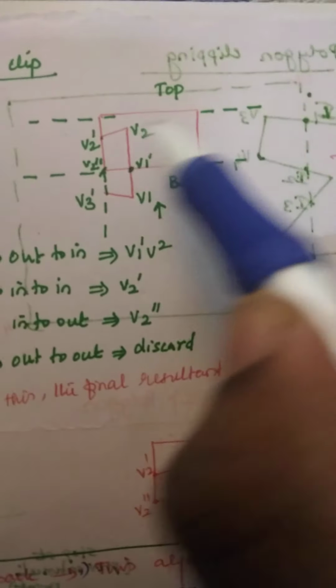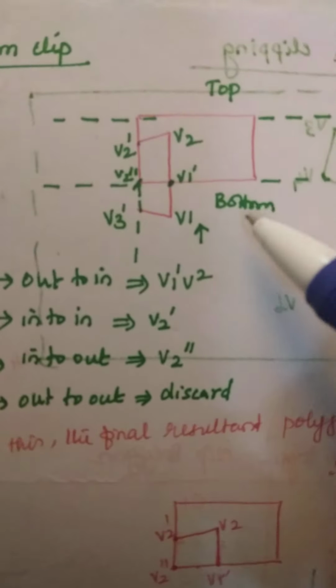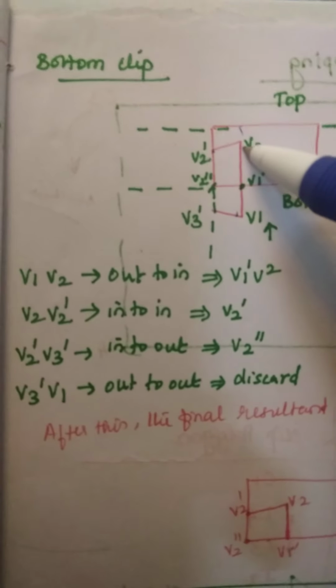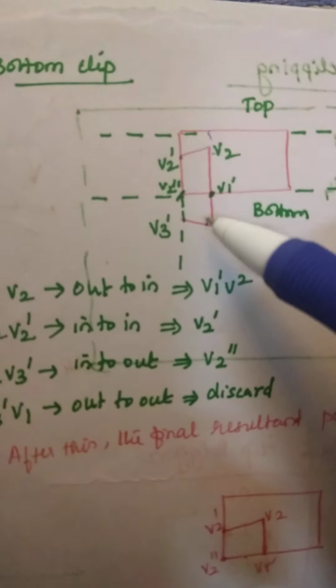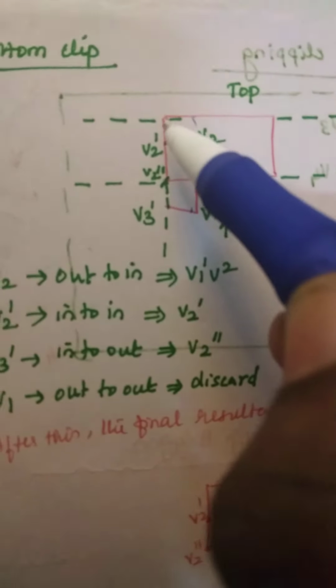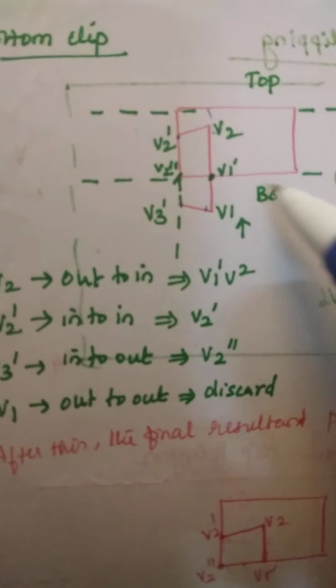Here we are taking the same diagram, the previous one. So now we are performing the bottom clip. First one, V1, V2. So here the window is becoming narrower. So the window boundary is this.